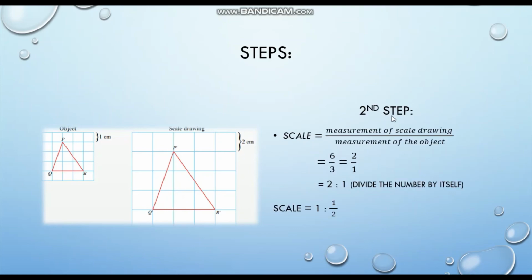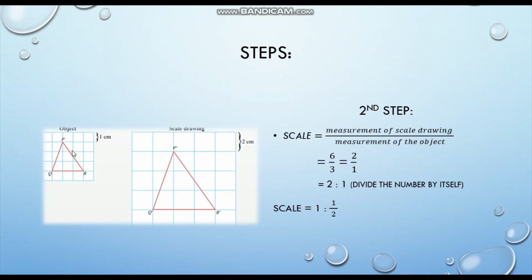And then the second step will be: scale is equal to the measurement of the scale drawing over the measurement of the object, that is equal to 6 over 3. How to get 6? Actually, the first grid is 2 centimeter, and then we times by 3, which is 6 centimeter, because the length of the grid is 6 centimeter. And then the measurement of the object will be 3, where one grid represents 1 centimeter, and the length of the object will be 3 centimeter.